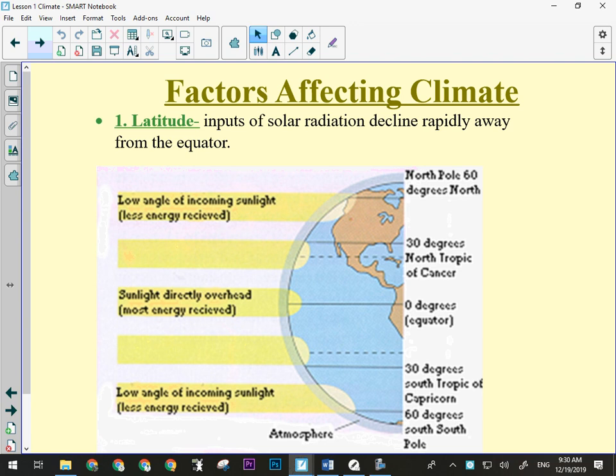If you are right at the equator, the sun is essentially directly overhead at all times. When the sun is directly overhead, it's very intense and is giving you a lot of energy. As you get towards the poles, it's less direct, it's less overhead, and so as a result, we get less intense sunshine. This is exacerbated by the fact that the Earth is tilted.